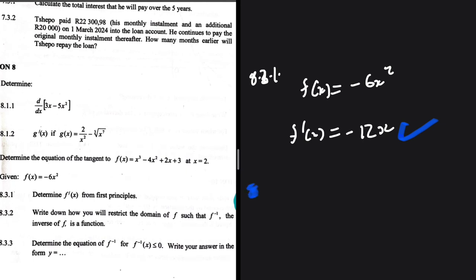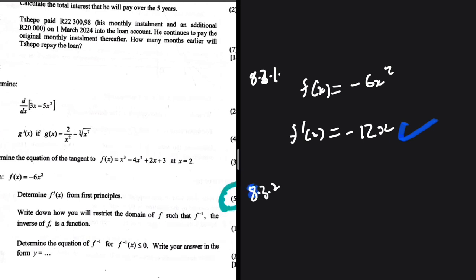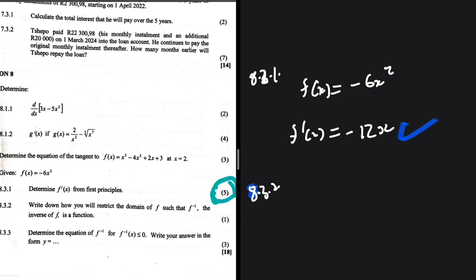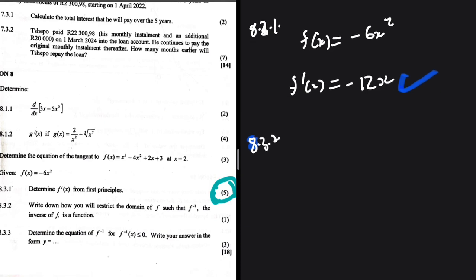And then 8.3.2, write down how you will restrict the domain of f such that f inverse, the inverse of f, is a function. In order for me to explain this, I will also be answering 8.3.3 in the same way. Let me show you why.